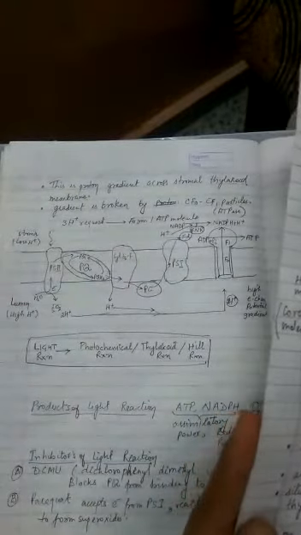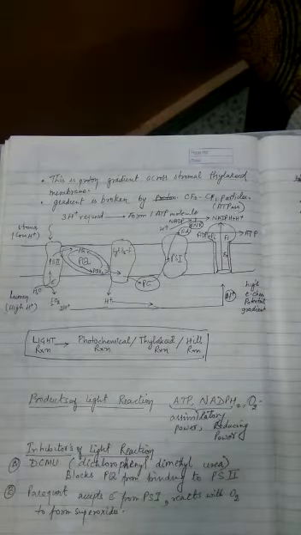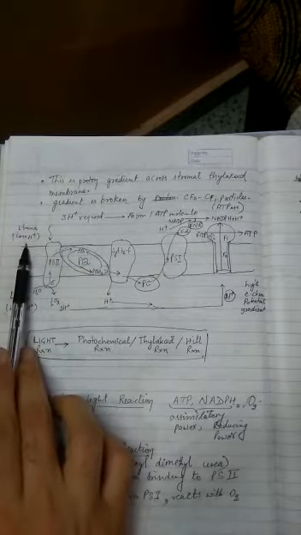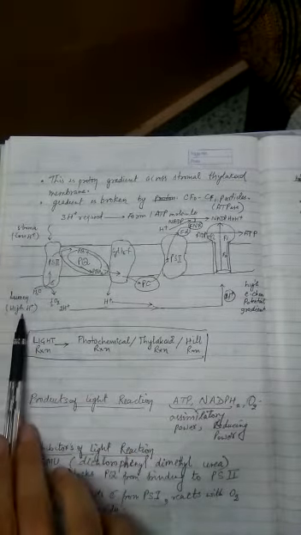Now let's understand this once again from another diagram. You can check here the same diagram I have drawn in a different manner. You can see a lumen, you can see the stroma. Stroma has low H plus concentration and lumen has the higher one.